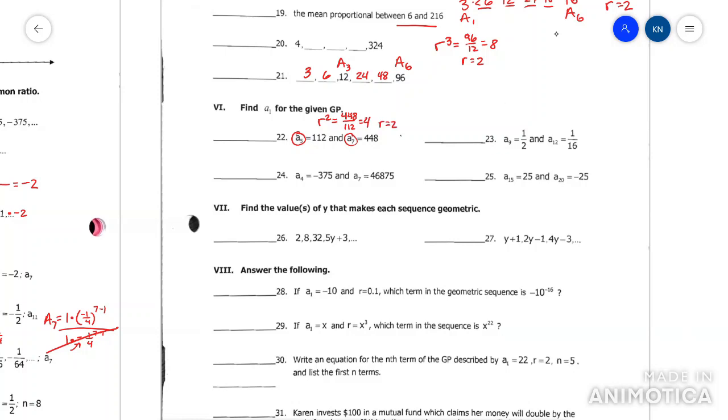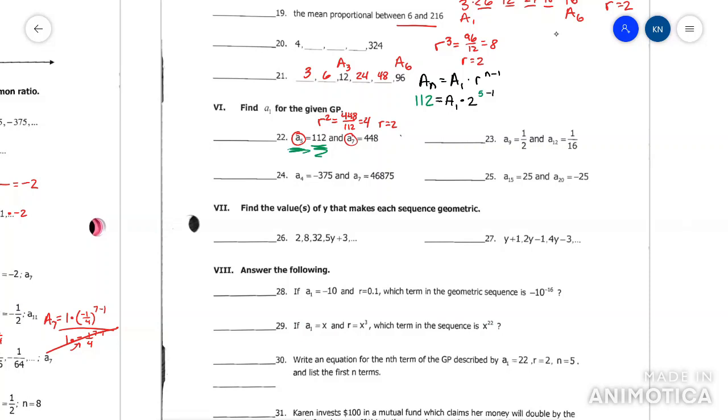Now, to get A1, though, you have to use an input and an output in your equation. Here was the equation again. A sub n equals A1 times R to the n minus 1. All right, so here is my output when the input is a 5. So it's going to look like this. We said my rate was 2. Let me make that in red.